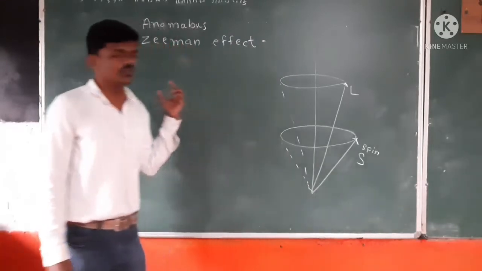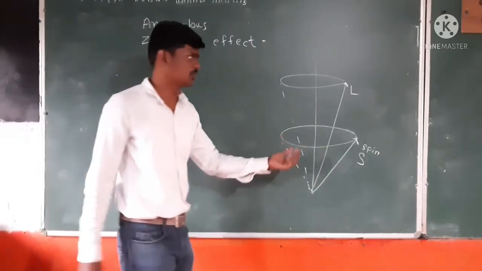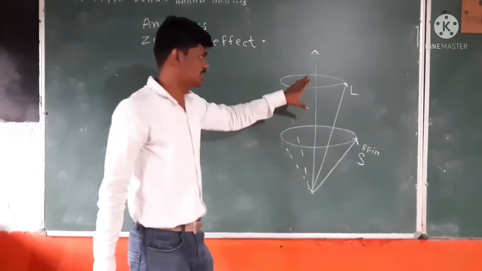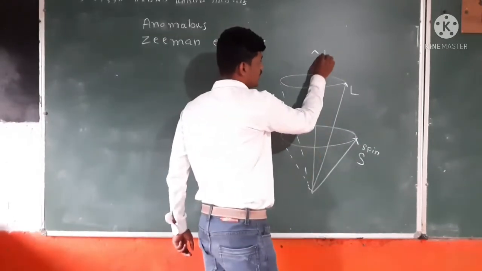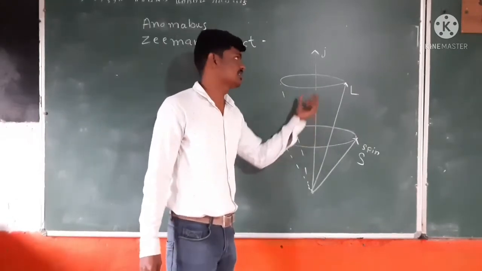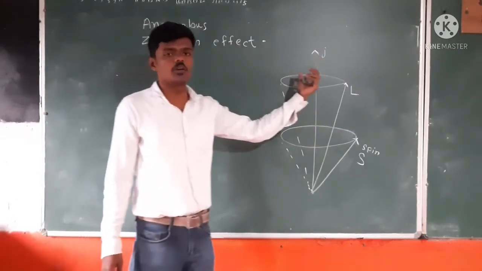In the Zeeman effect, the spin and orbital angular momenta interact with each other and precess along with their resultant J. We know this: these two combine and precess about their resultant total angular momentum.